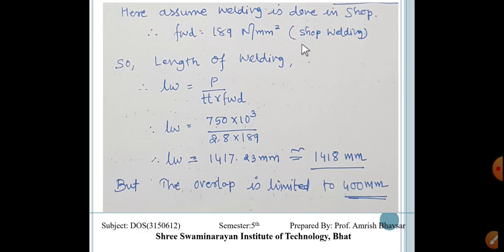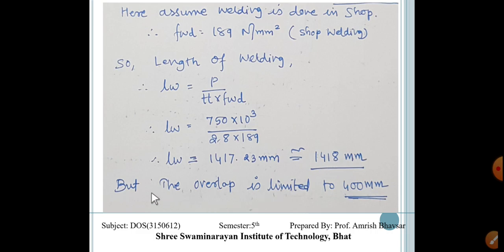Now we have all the raw materials: the throat thickness, FWD and force. From these three values we can get the length of weld, and after putting these values we get the length of weld as 1417.23. So we can take 1418 mm as a round figure.